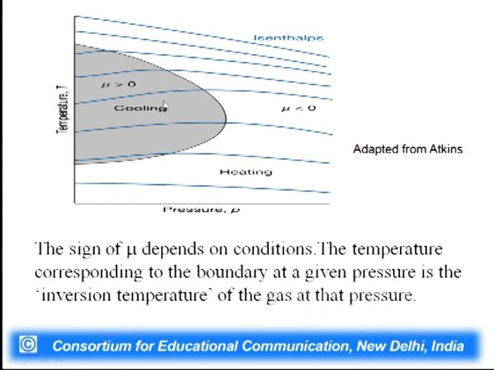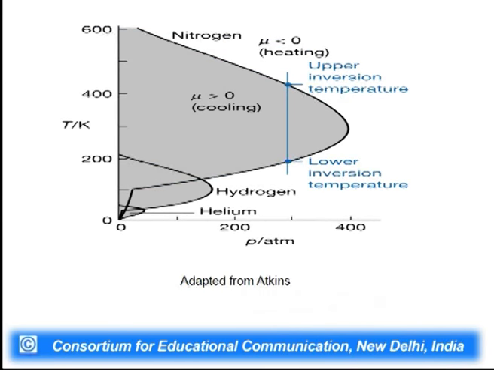Since mu is positive in this region, cooling will be experienced, while in this region heating or warming will be observed. This point is called the inversion temperature. Any gas has two different inversion temperatures, an upper inversion temperature and a lower inversion temperature.